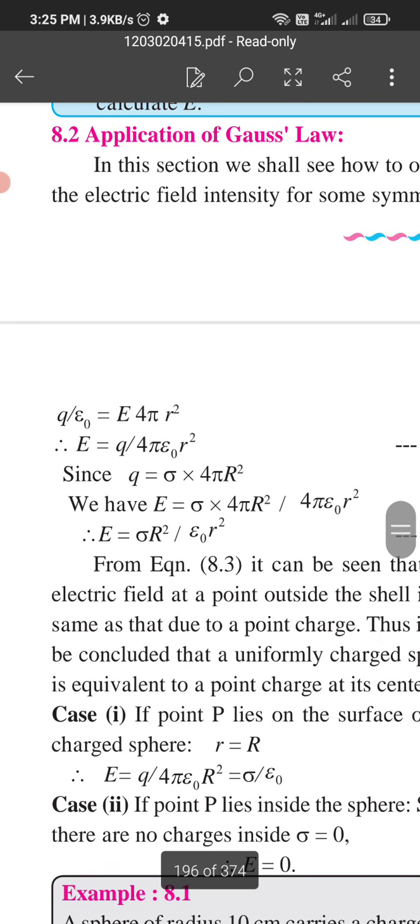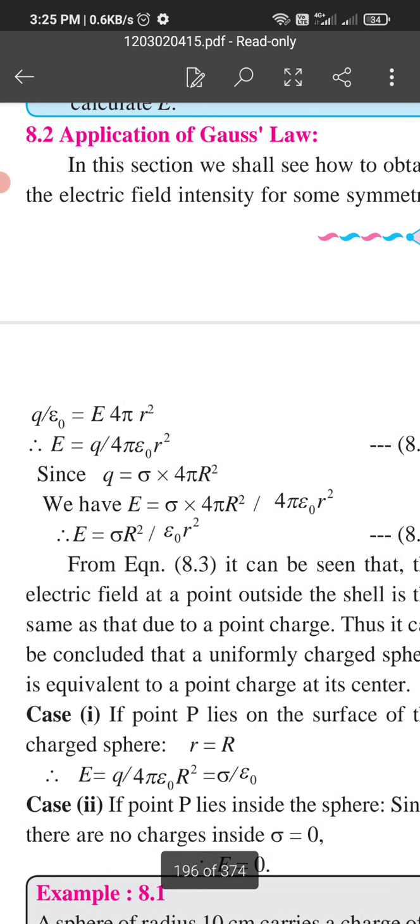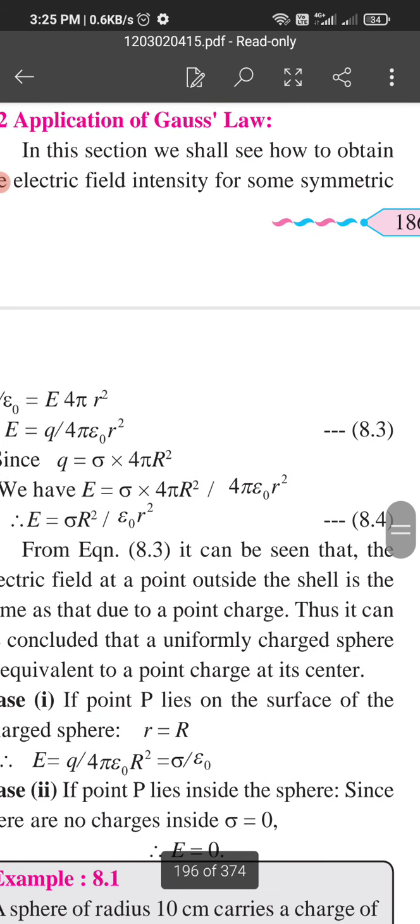Case first, if the point lies on the surface of the charged sphere, small r is equal to capital R, then E is equal to q upon 4 pi epsilon naught r square, which is equal to sigma upon epsilon naught.